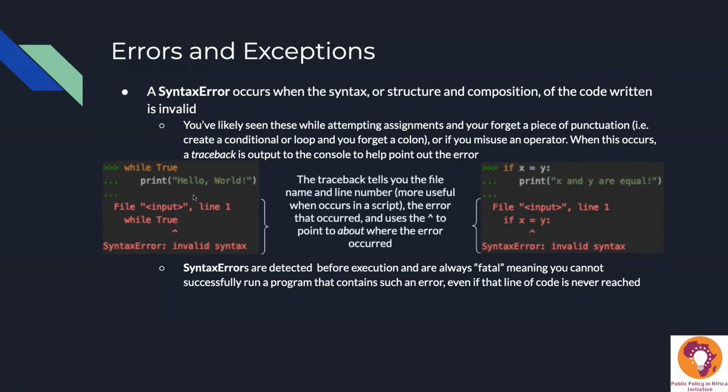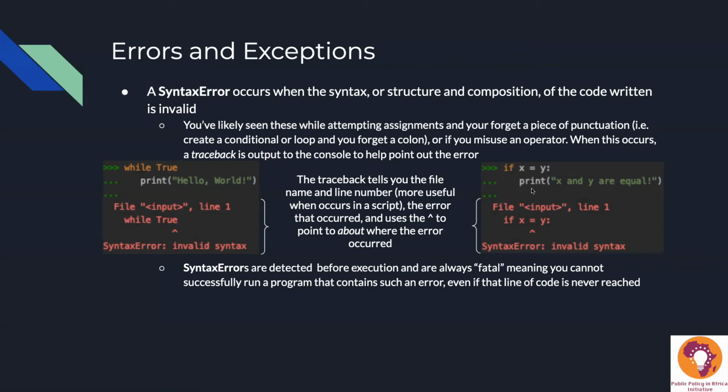So all this red output here in both of these cases is called a traceback, and the traceback tells you the file name and line number. Because I was executing it in the Python REPL console, it just says the file name is input. The file name and line number are more useful when the error occurs in a script because it'll tell you exactly what line the error occurred on and the file name where it occurred.